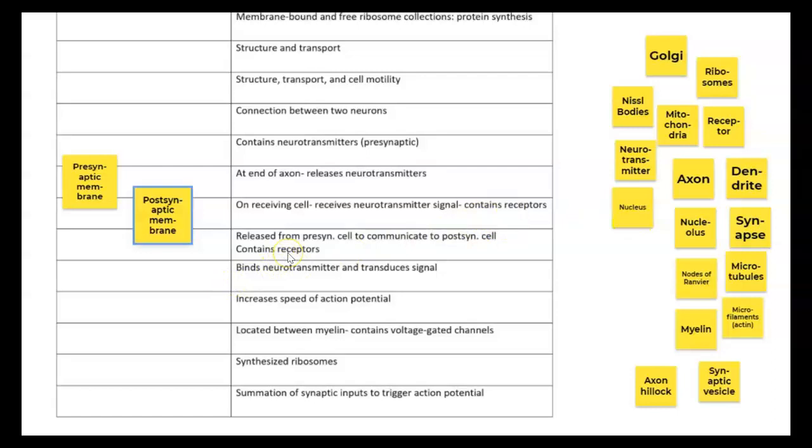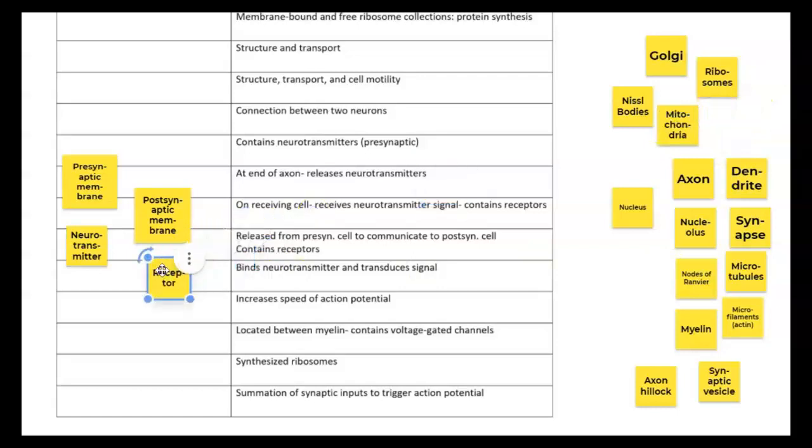This is the thing that's released from the presynaptic cell to communicate to the postsynaptic cell. That's the signaling molecule, right? And the signaling molecules are the neurotransmitters. They don't have receptors. Anyway, so then the thing that binds the neurotransmitter to change the receiving cell or to transduce the signal into the receiving cell, that is the receptor. It receives the signal, so it recepts the signal.